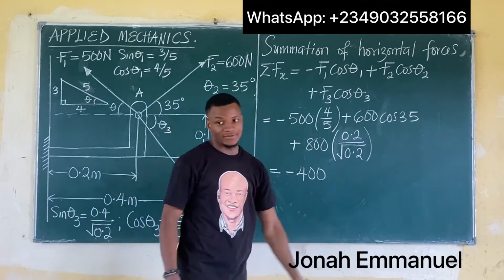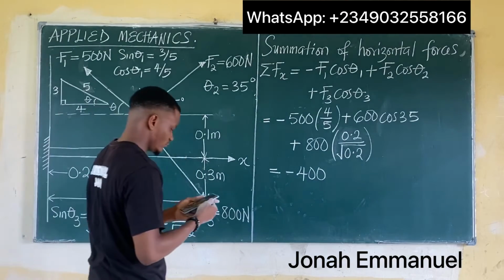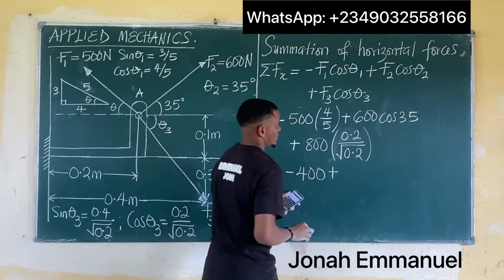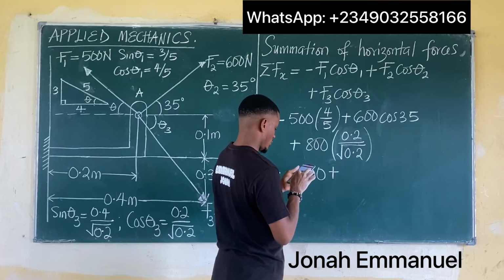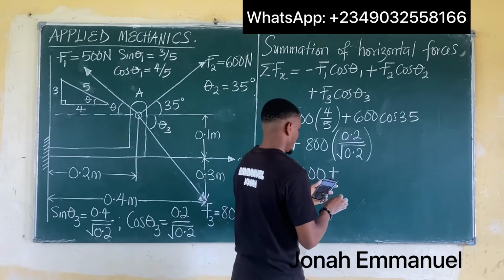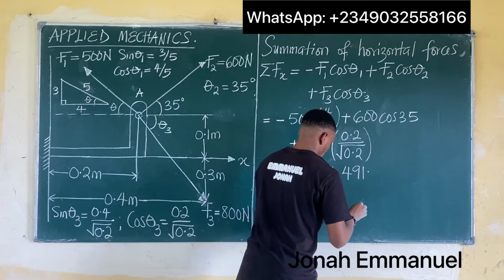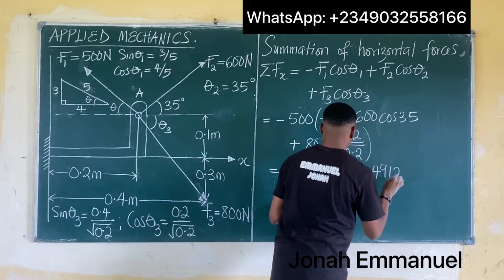Let's get this other value. So let's punch plus, let's see, 600 cos 35. That's about 491.4912.